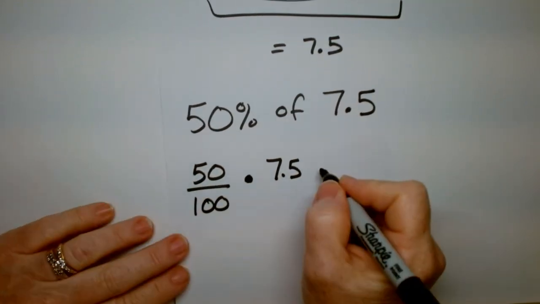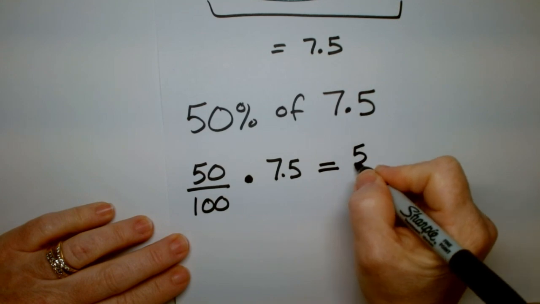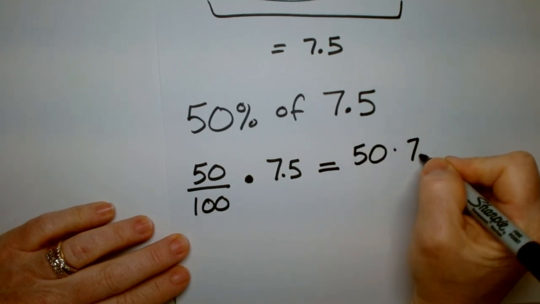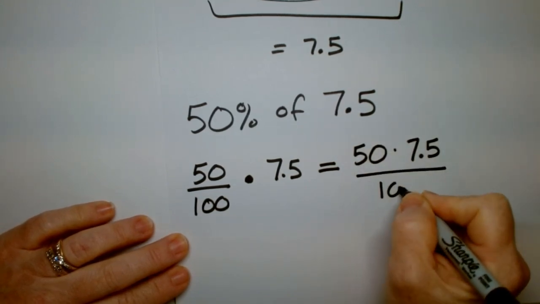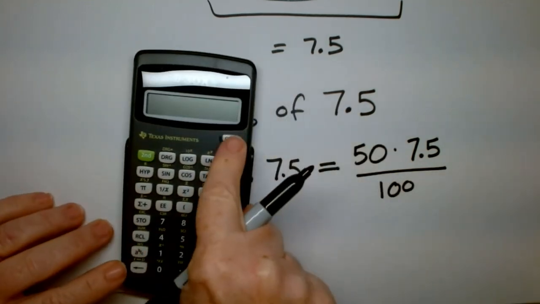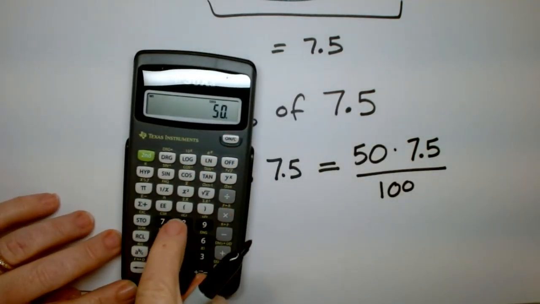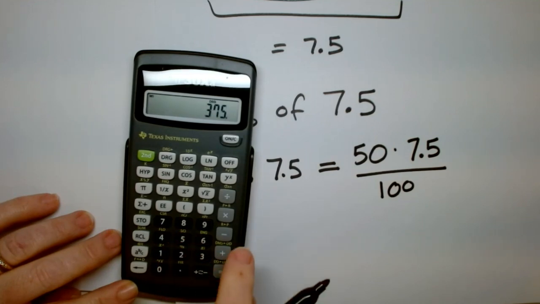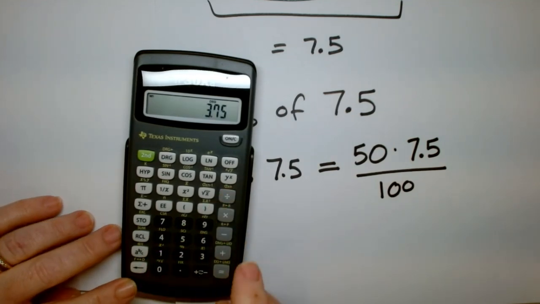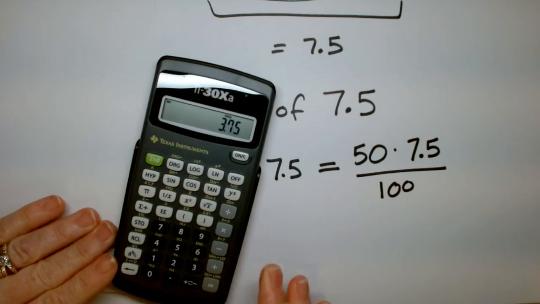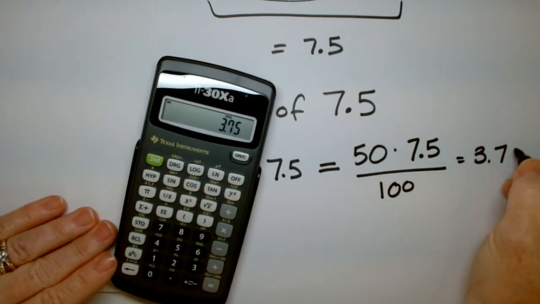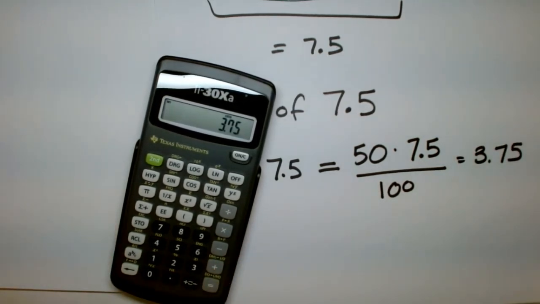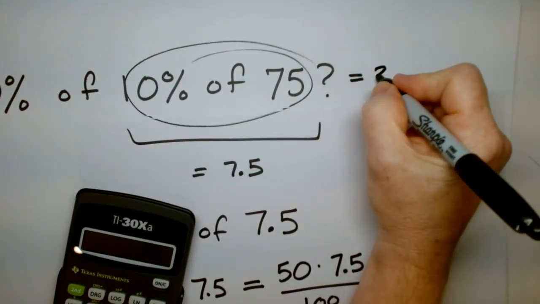Then we multiply 50 times 7.5, and we have 100 on the bottom. So you can take your calculator and say 50 times 7.5 divided by 100, and I have 3.75. So the answer to the entire problem is 3.75.